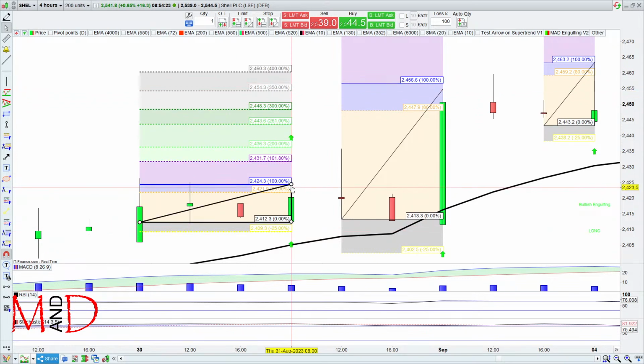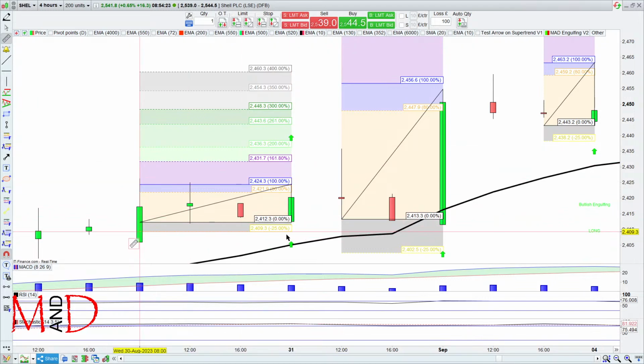So on this first one, there to there is a risk of 15 points, and then a win of 45 points.